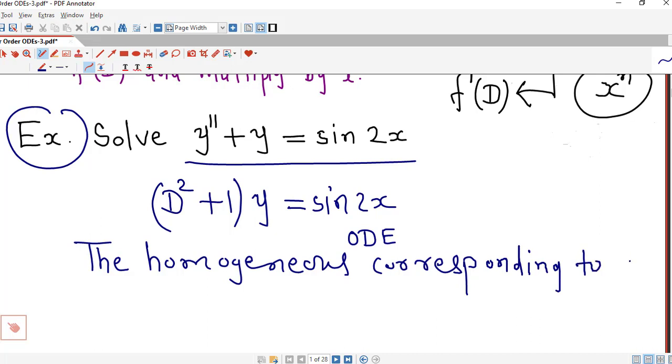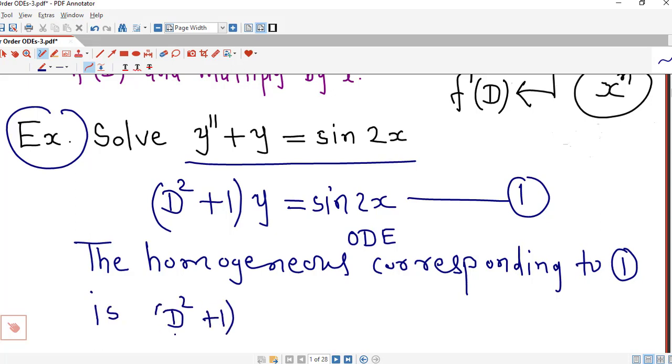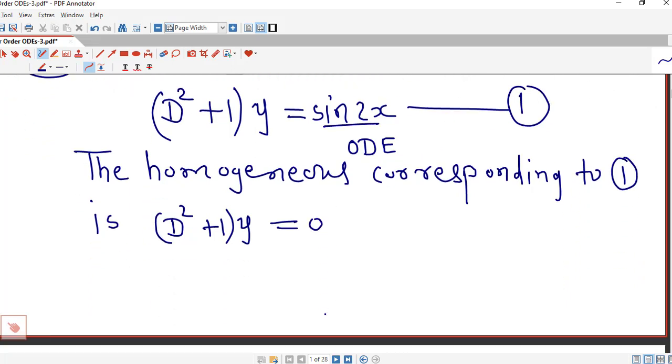If we give this equation number 1, then the homogeneous differential equation is obtained by replacing the right hand side by 0. So this is the homogeneous differential equation corresponding to the given equation 1.